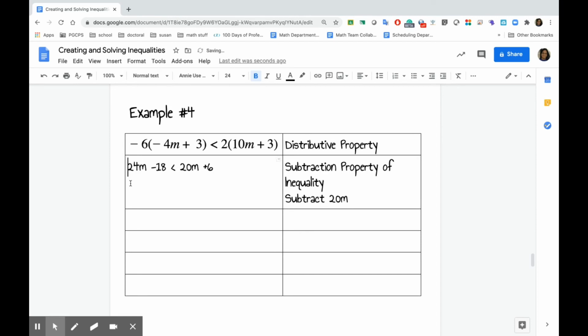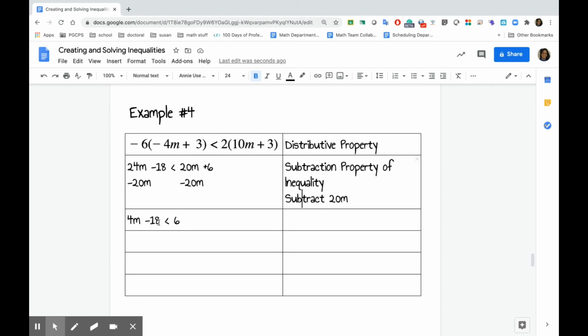So now this will be minus 20m, then minus 20m. The left side will now be 4m minus 18 less than positive 6, or we can just use 6.